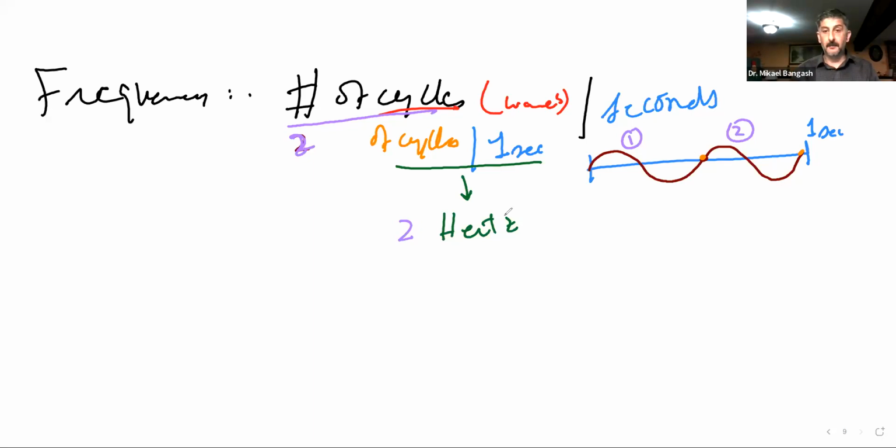So 2 is the number of cycles, and cycles per second is what we call hertz. So if 2 cycles were completed in 1 second, your frequency is 2 hertz. We can take another example.